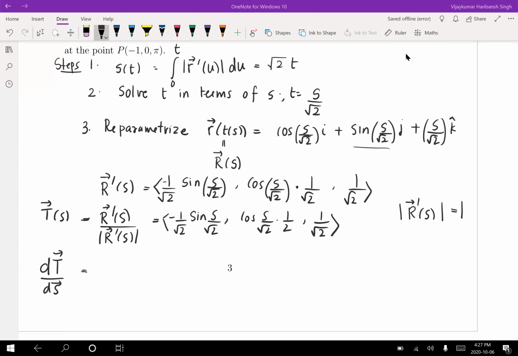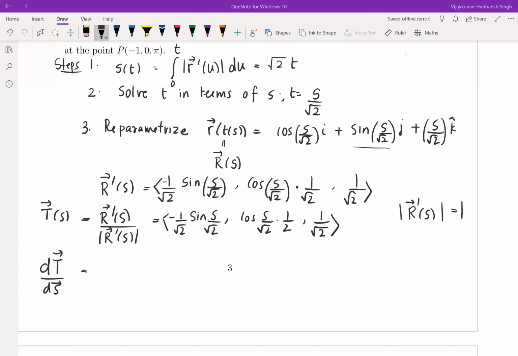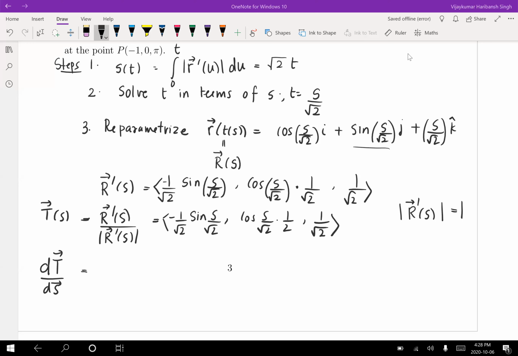So let's compute dT by ds. This is going to be minus 1 by 2, the derivative of sine is cosine, of s. Now similarly we had 1 by root 2 here.